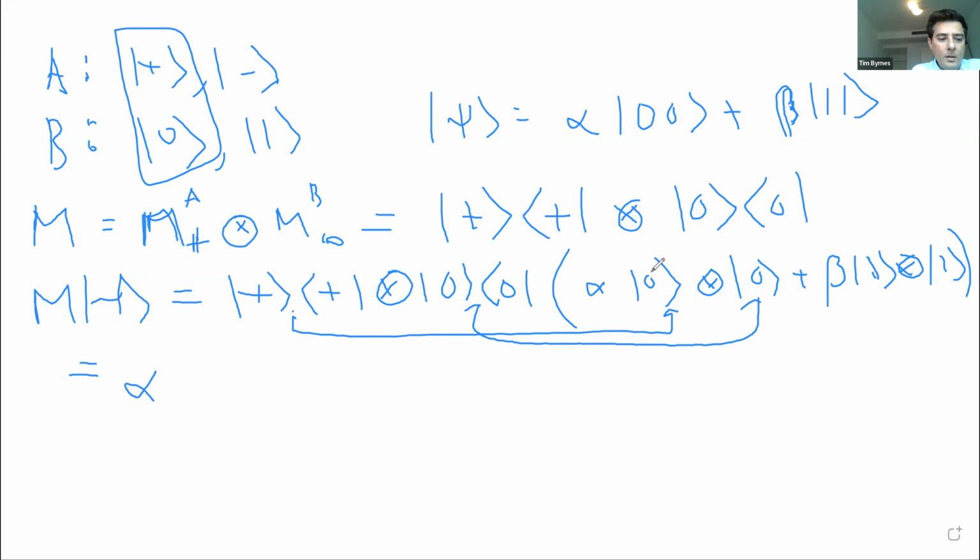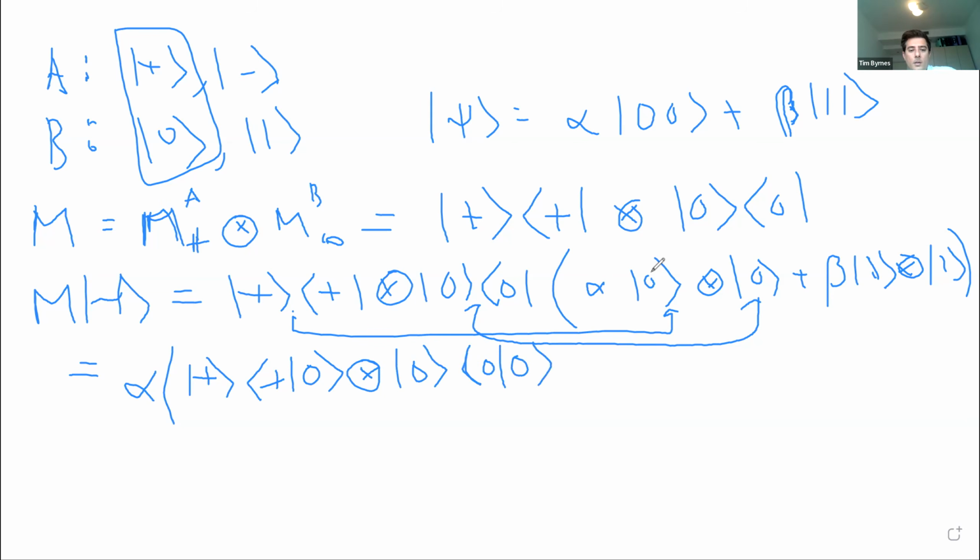Then we have the inner product between plus and 0, tensor product with 0, and then the 0 inner product with 0.